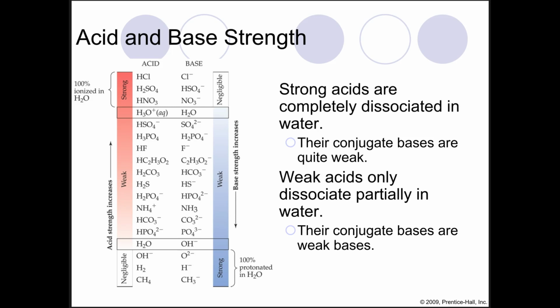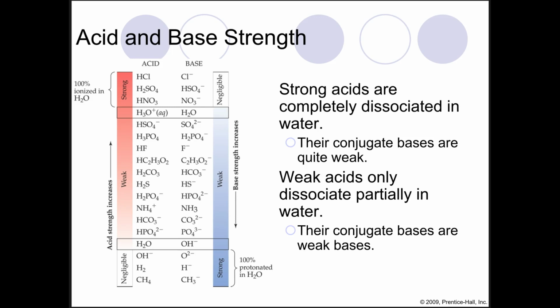This table lets us predict for an acid-base reaction which side will predominate, whether there will be more reactants or products at equilibrium, without any numbers, just by having this table. So that's the purpose of this table. And again, you don't memorize this table. You would always be given this table on exams or on questions. So it's just learning how to read it and to use it.